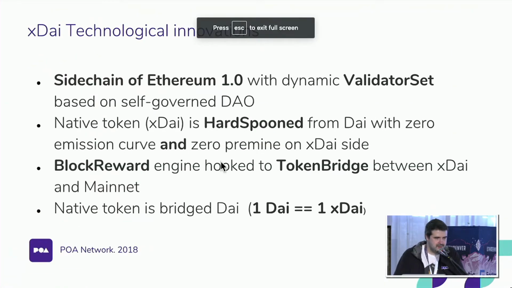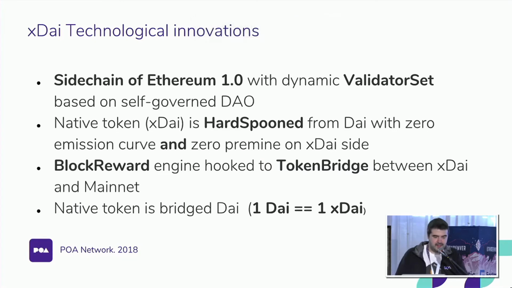What's different within xDAI from a technological perspective? Some words can be new, and I will explain them later. So xDAI itself is a sidechain of Ethereum 1.0. So it's a new network based on an existing protocol, but with a different security model, different economic model, and different state.